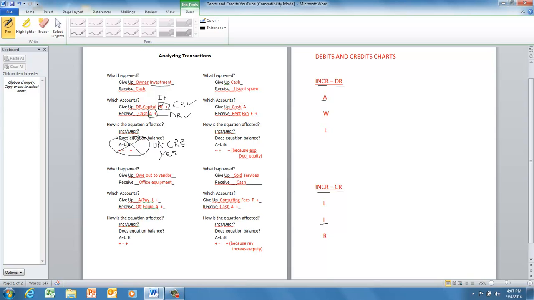Okay, on the next one to the right, we have here a decrease in an asset. Okay, and so I look up asset. I say, do I have an increase? No, I have a decrease. That's the opposite of increase. So I have to use the opposite of debit, which is going to be credit.